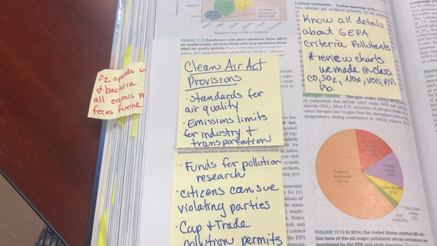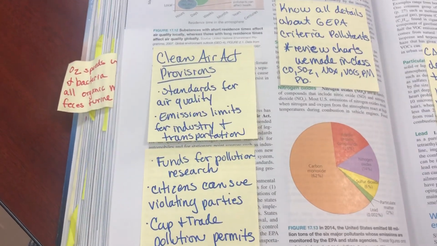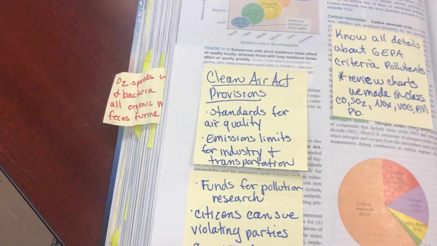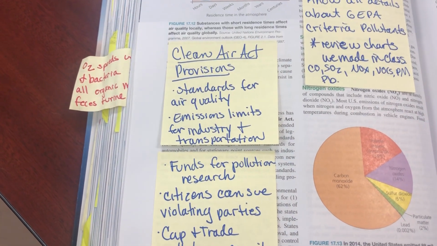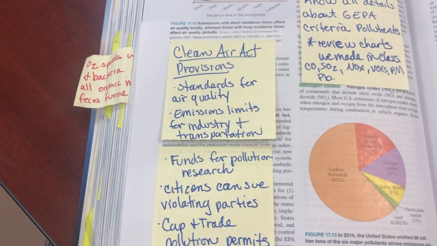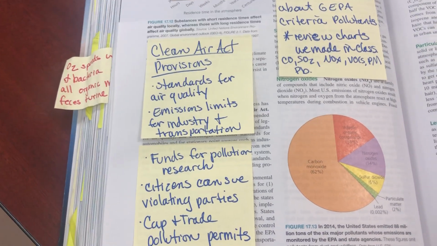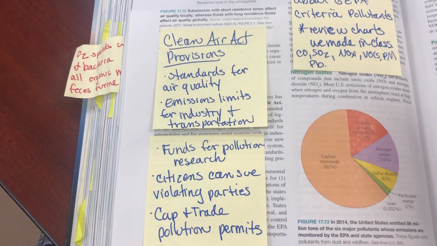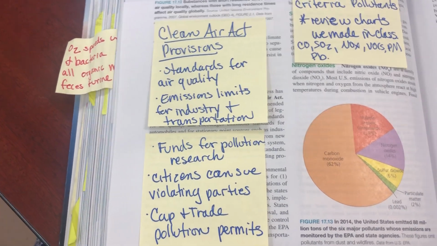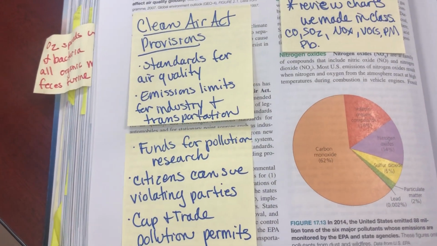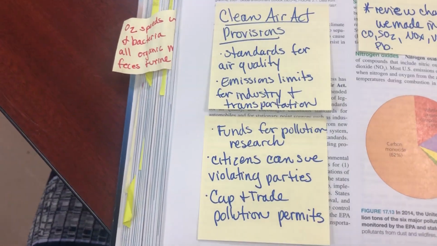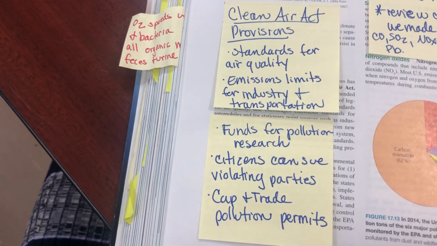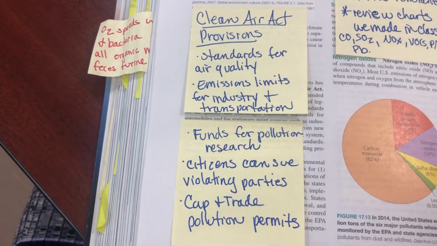Okay. The Clean Air Act. We've talked about this before when we did our legislation earlier, but there are some provisions. The Clean Air Act basically created standards for air quality. So we decided this is the max it should be. This is considered clean air. This is considered not clean air. They also set emission limits for industry and transportation. So they started mandating that certain factories, your cars or your buses, were only allowed to emit certain amounts of pollutants.